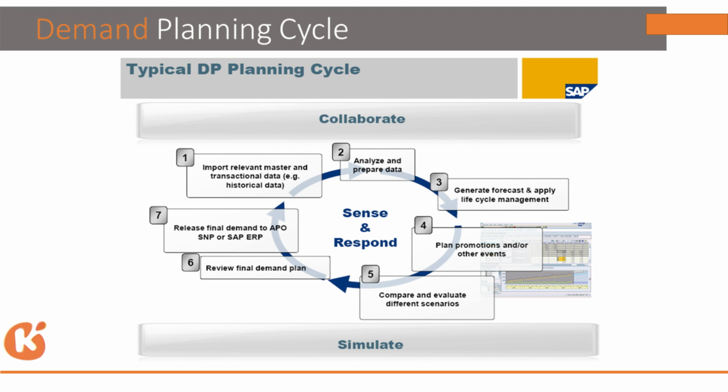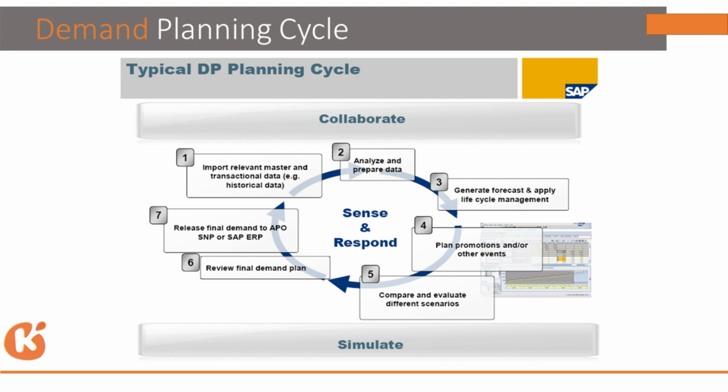In interviews, normally the first question they will ask you is, okay, your client's demand planning process, where does it start, where does it end? What is your client's demand planning cycle or business process? So we need to answer with the help of this slide.